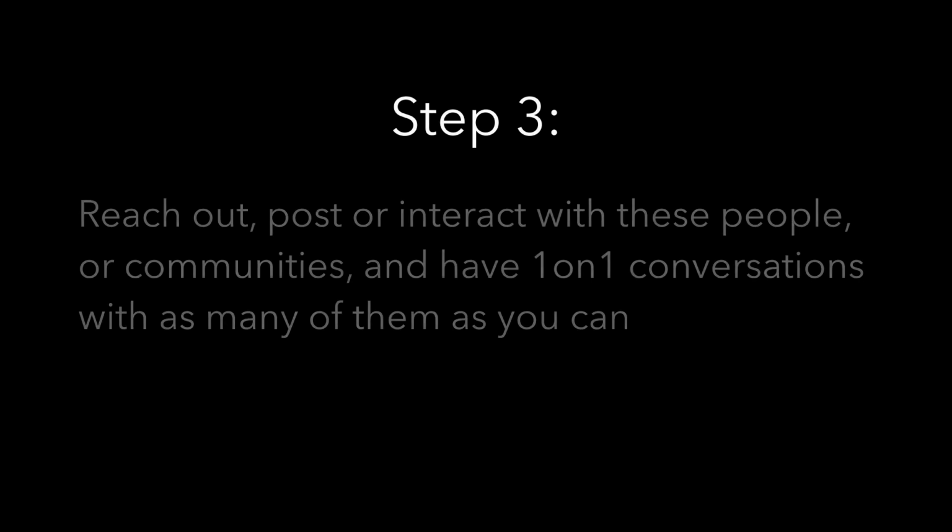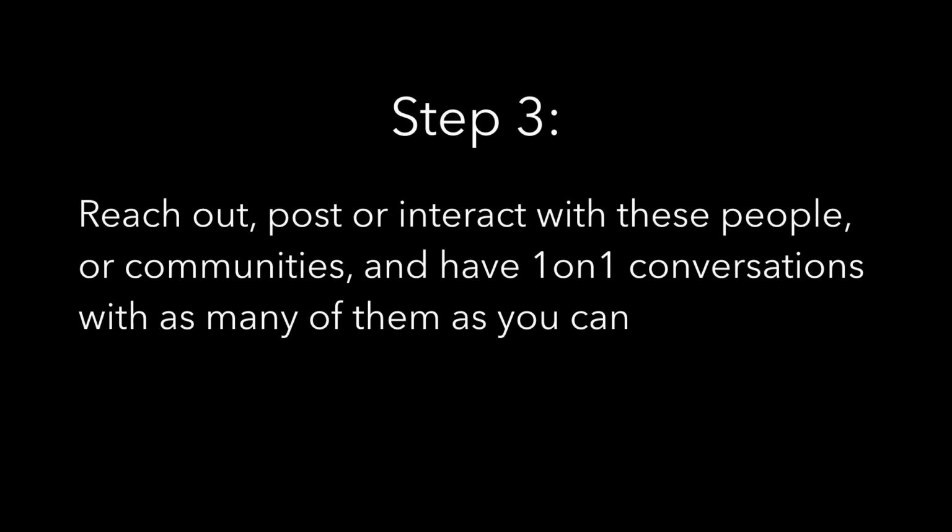The third step is to reach out, post, or interact with these people or communities and have one-on-one conversations with as many of them as you can. The whole point of this step is to have as many conversations as you can with your target audience and learn from them.